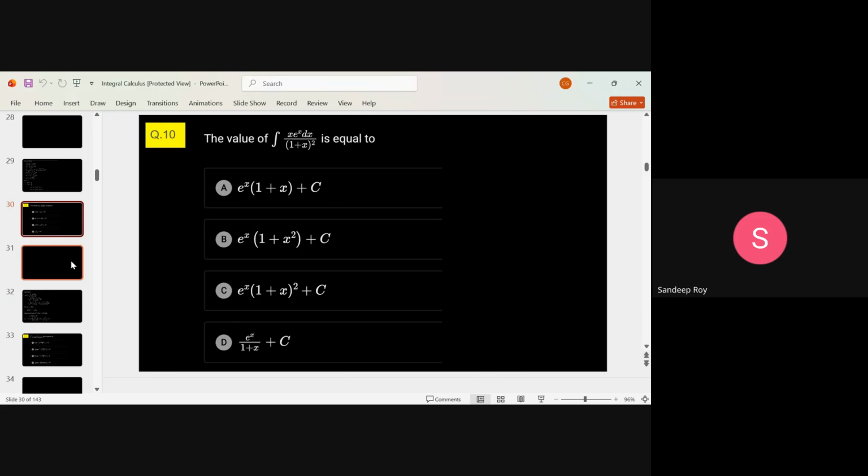So we have the integration of x into e to the power x dx upon 1 plus x whole square in the denominator. So how to integrate this one?